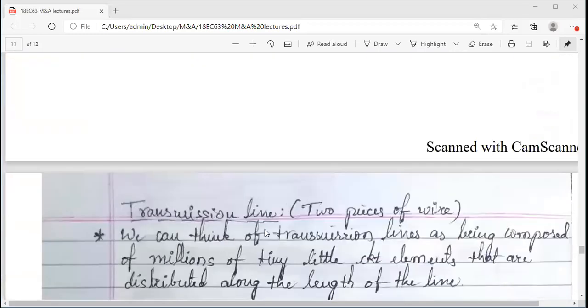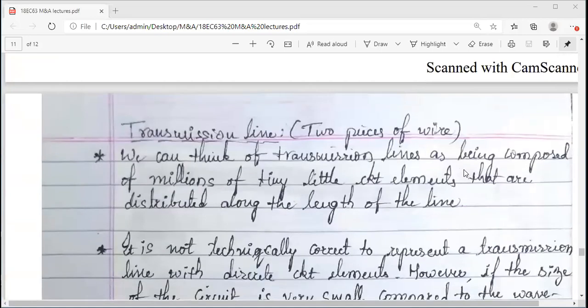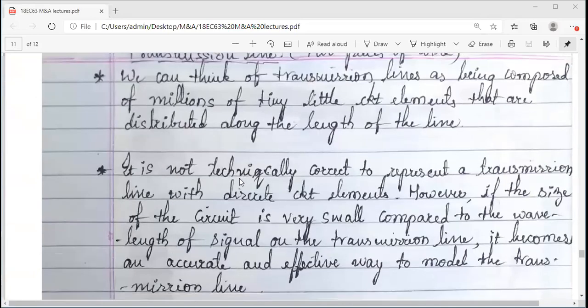You can imagine a transmission line to be two pieces of wire. So we can think of a transmission line as being composed of different small circuit elements that are distributed along the length of the line. You will understand this once I explain one circuit which is below. Once I explain that, you will understand the meaning of the sentence.